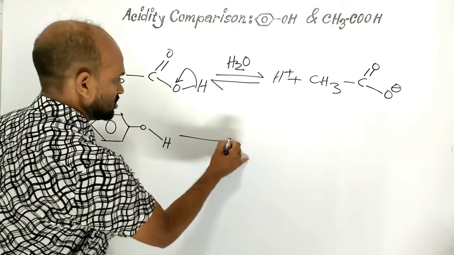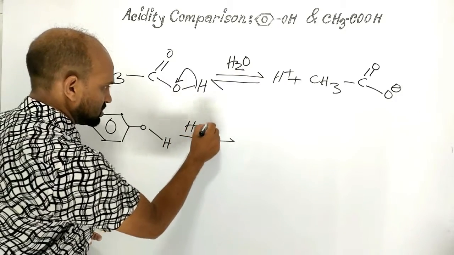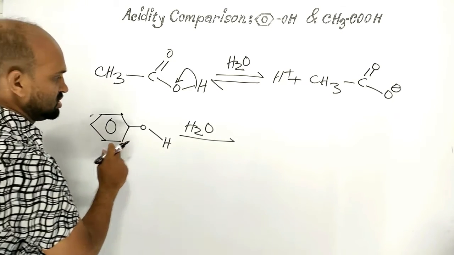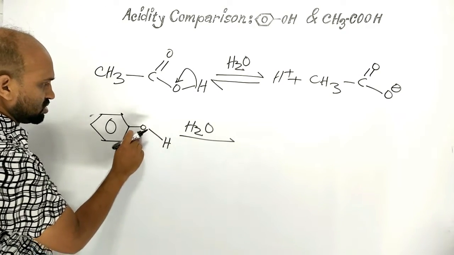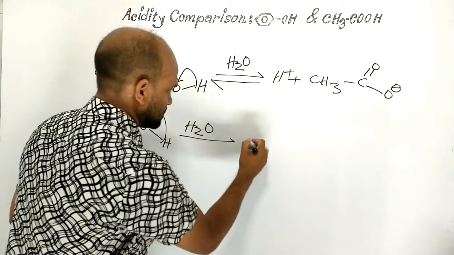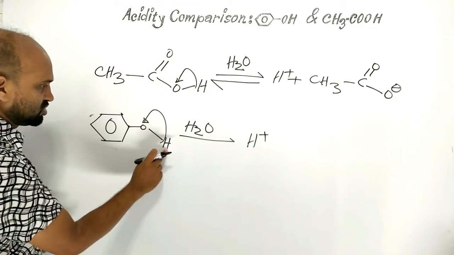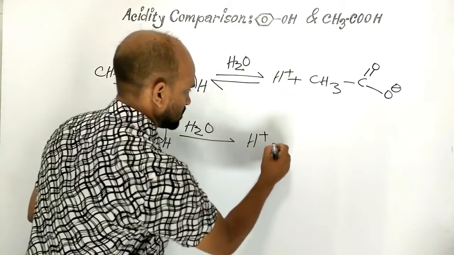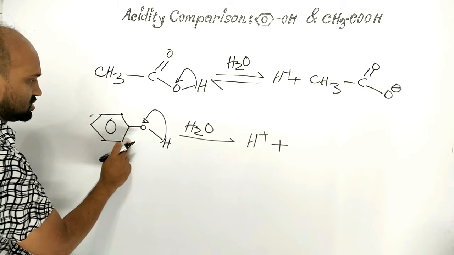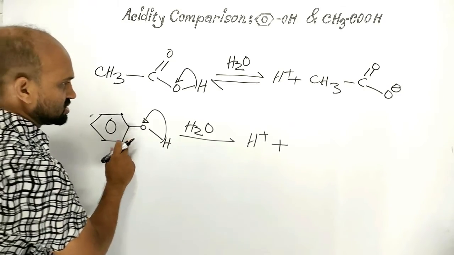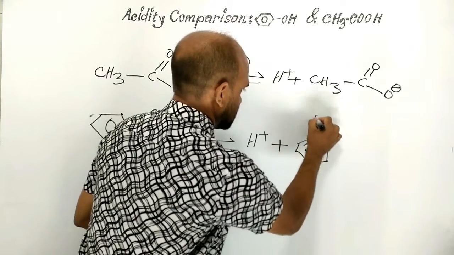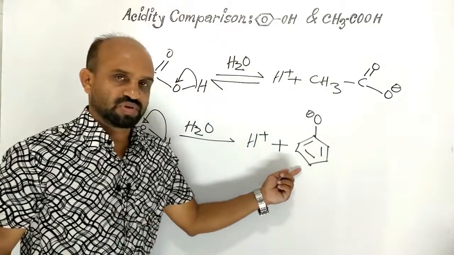This is phenol. When it is dissolved in water, phenol acts as an acid in this way. Here, the oxygen-hydrogen bond suffers heterolytic fission, and as a result, this hydrogen gets freed as a proton, and the conjugate base of phenol, that is the conjugate base of carbolic acid, is formed, which is this phenoxide ion.